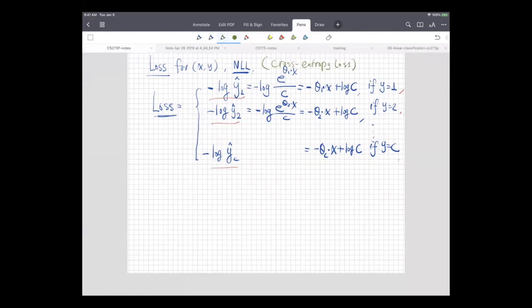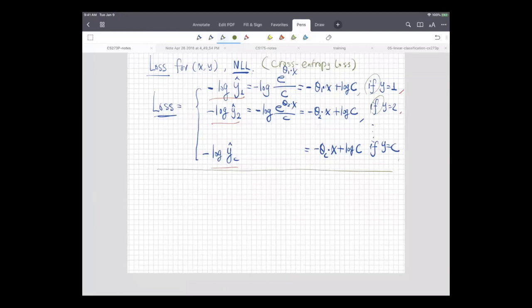Right now, this notation is correct, but it's not very easy to write down because I need to use this if statement to verify the target and then plug in the corresponding probability.